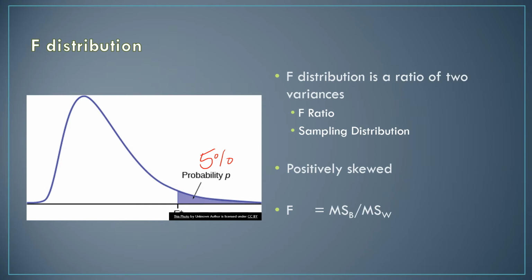So when you get an F statistic that's up here, this is where you know that you have statistical significance. Now the F distribution is positively skewed, and it's usually positively skewed in relation to 1. So the majority of your F statistics are found to be less than 1, but when you start getting above 1 is when you start getting statistical significance.